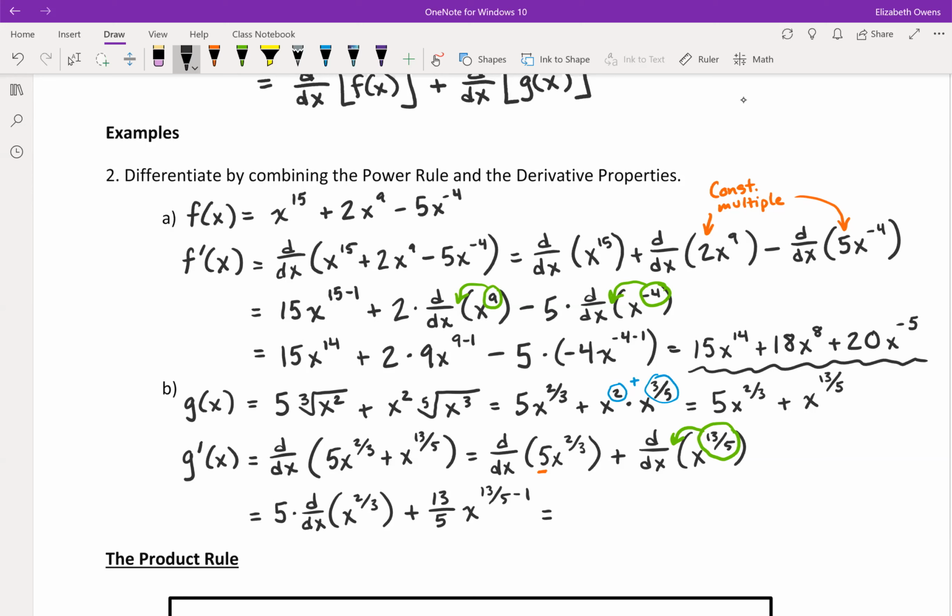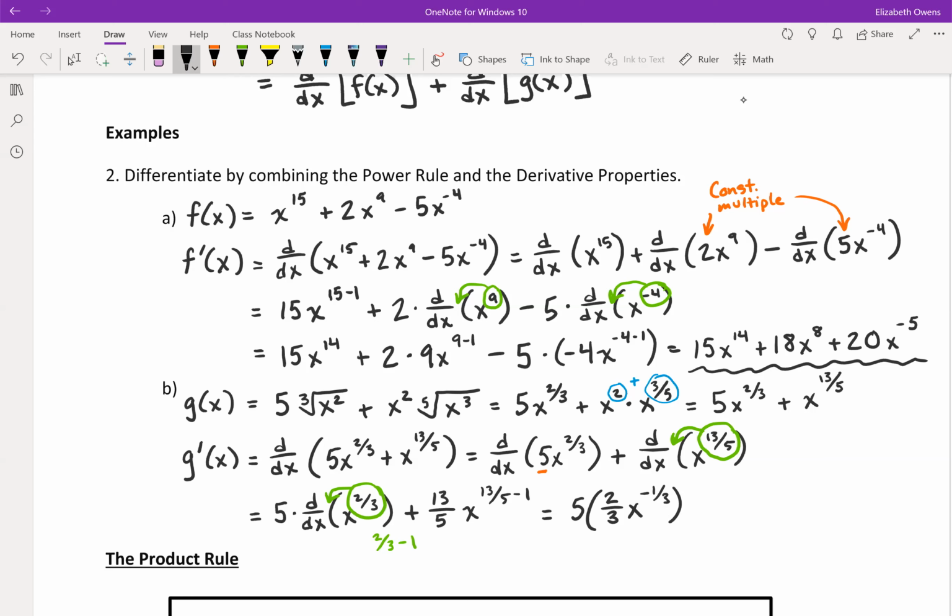So let's see, we have 5 and then our derivative of x to the 2/3. Now you can bring that 2/3 out as a coefficient. 2/3 x to the, I'm going to make a little side note here, 2/3 minus 1, 2/3 minus 3/3, that would be -1/3 power.